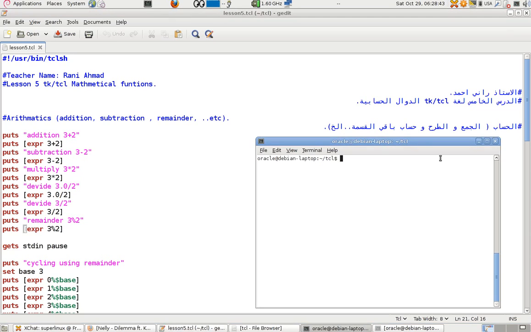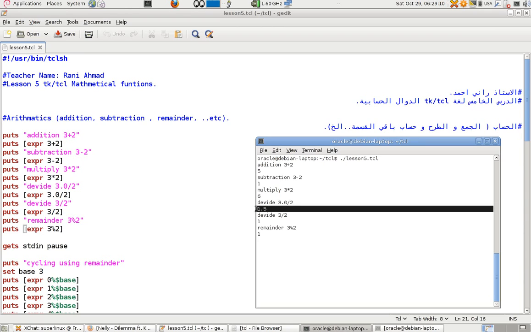So this is lesson 5. So this is the addition: 3 plus 2 is 5, 3 minus 2 is 1, and 3 times 2 is 6. Now see, 3 over 2, not 3.0, is 1, but 3.0 over 2 is 1.5.